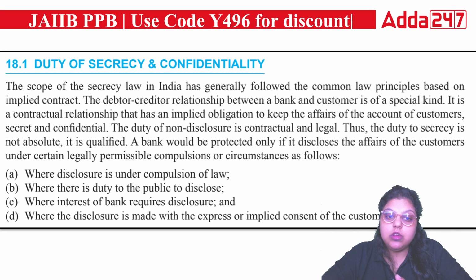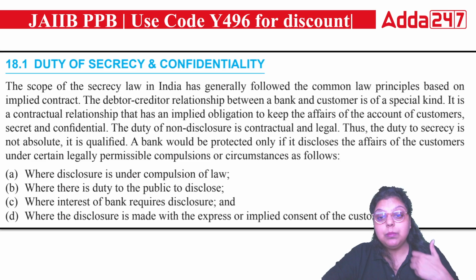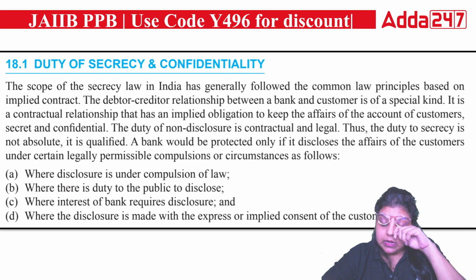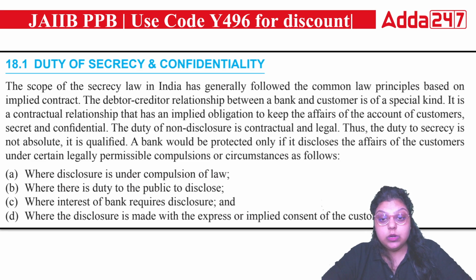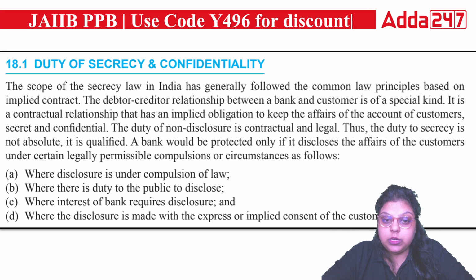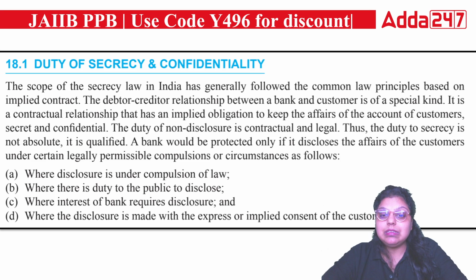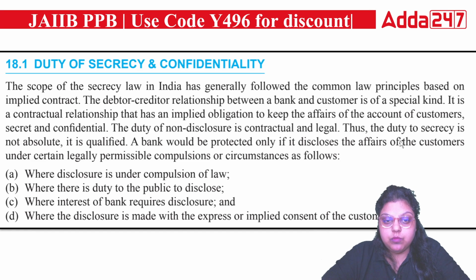Third, where the interest of the bank requires disclosure. If it is good for the bank to disclose that information. And fourth, where the disclosure is made with the express or implied consent of the customer, in which the customer says to share this information of mine with this party or that party.